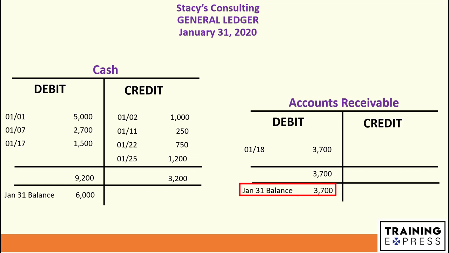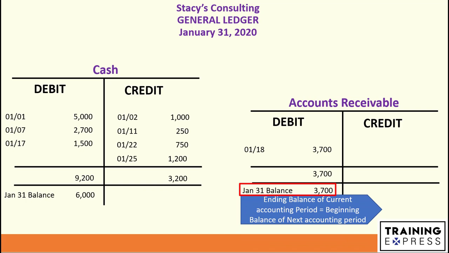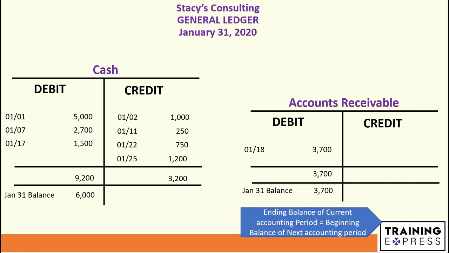So we will write the balance on the debit side, which is $3,700. Again, the ending balance of the current accounting period is equal to the beginning balance of the next accounting period, which means the ending balance of January 31 will be the same as the beginning balance of February 1.